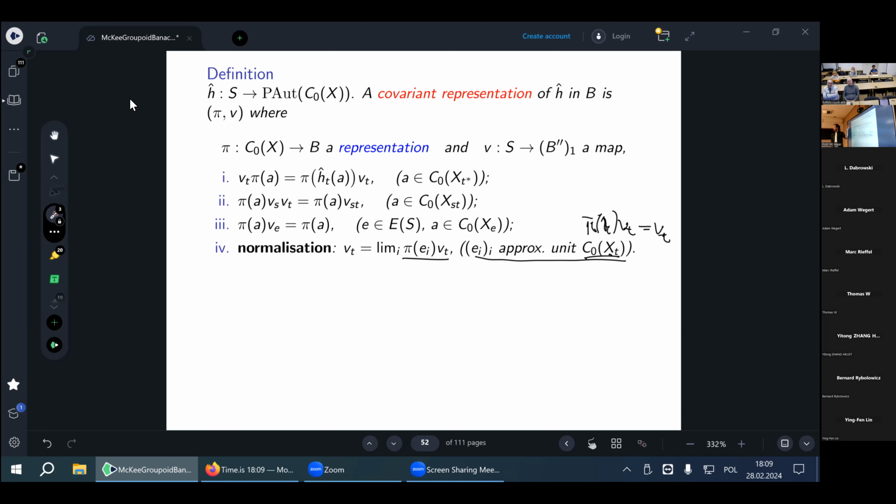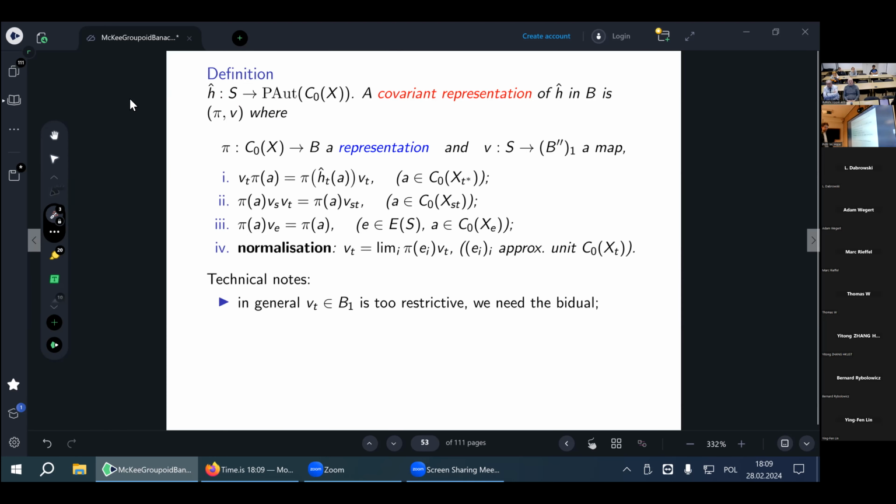So our representations of the groupoid Banach algebra automatically know about this action that underlies the groupoid or function groupoid. So essentially, the image of V fits in what? Do you need the whole unit ball in the double dual? I'm about to say some things about that.